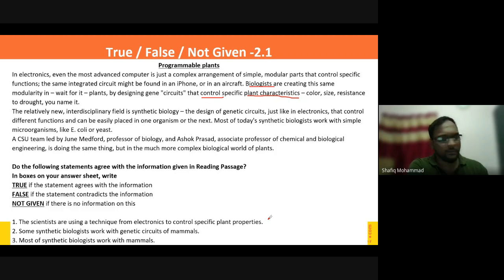Okay, so it should be not given, guys. Some synthetic biologists work with genetic circuits of mammals. When we go to the next paragraph, this happens usually 90% or 99.99% of the time. If the first answer is in the first paragraph, the second answer will definitely come below that, in that paragraph only, in the other sentences, or in the second paragraph.